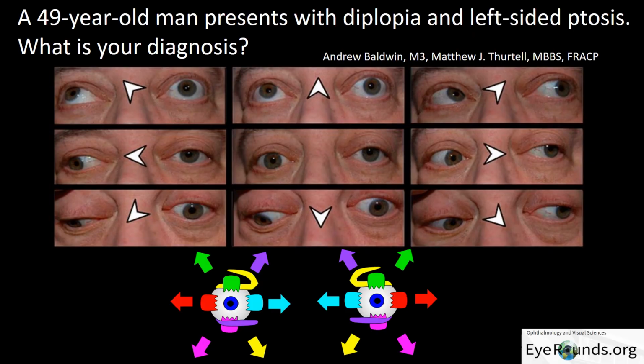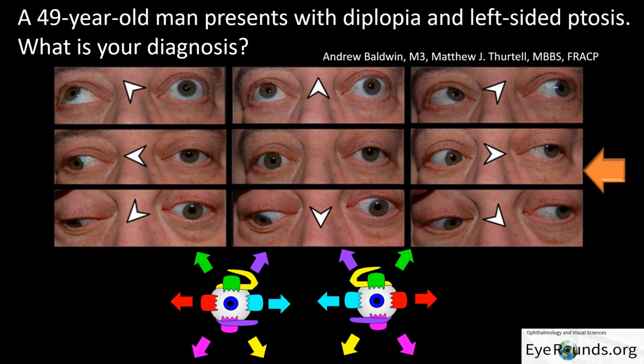Remember, figuring out what muscle is involved is easier if you draw the muscles and their functions below as documented in this frame, and you record the status of each muscle as you go along.